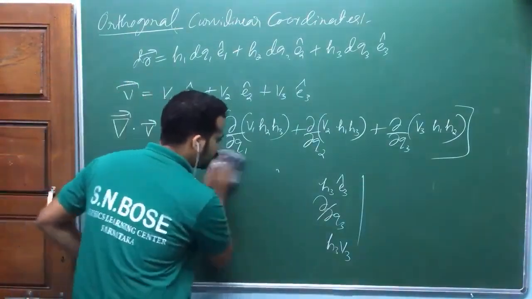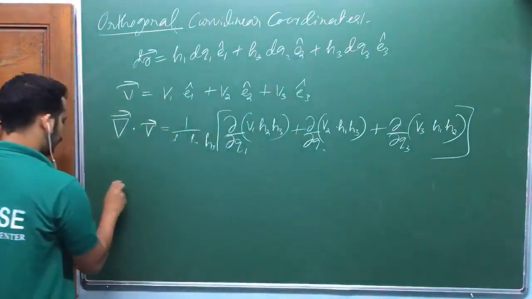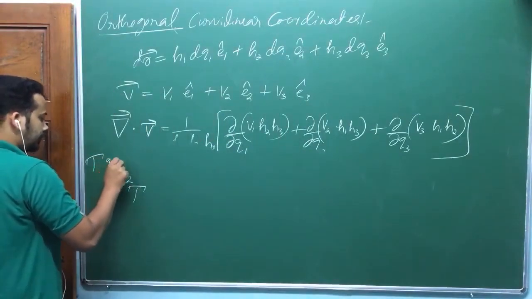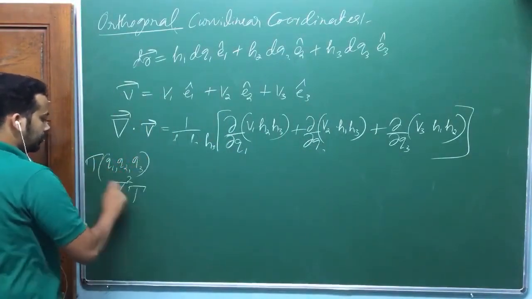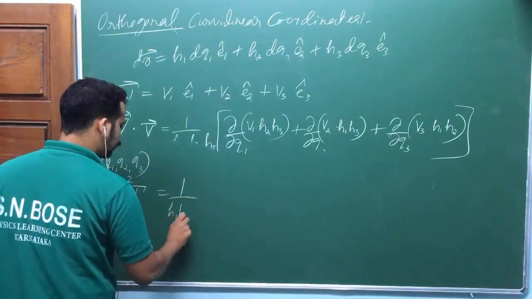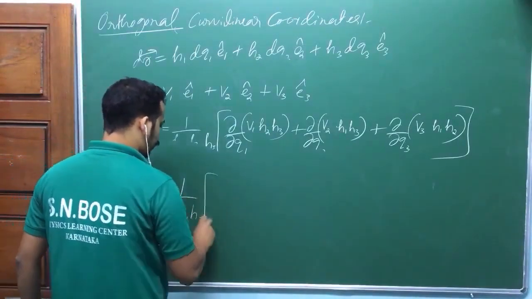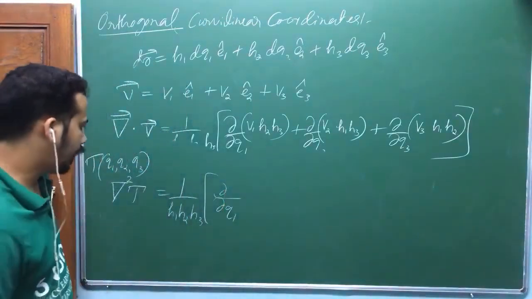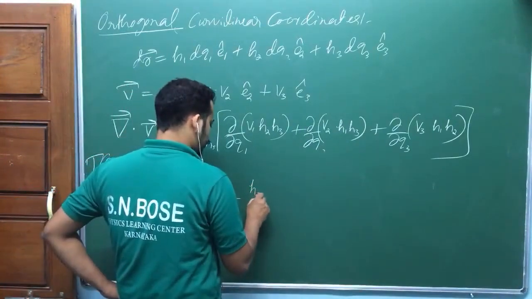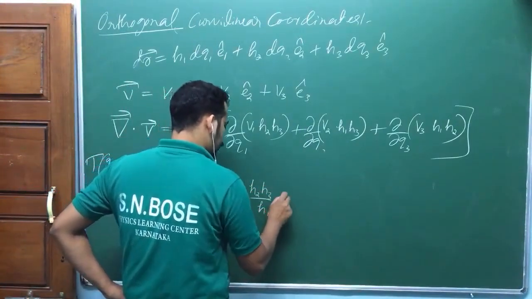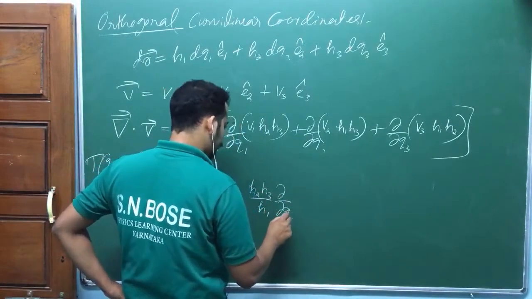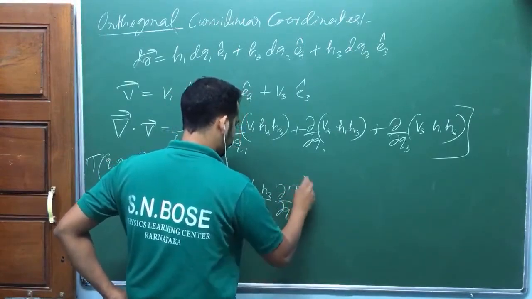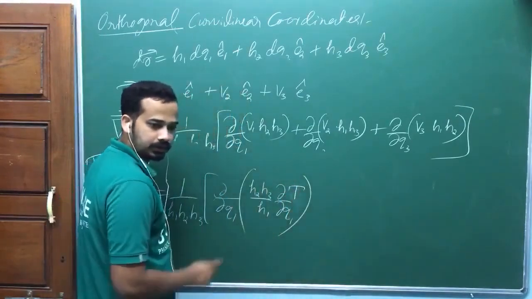Wait a second, let me define the Laplacian also. Del square of some scalar, where that scalar is imagined as a function of q1, q2, q3, is equal to 1 by h1 h2 h3 times dou by dou q1 of h2 h3 divided by h1 into dou by dou q1 of T. It's a second derivative actually.